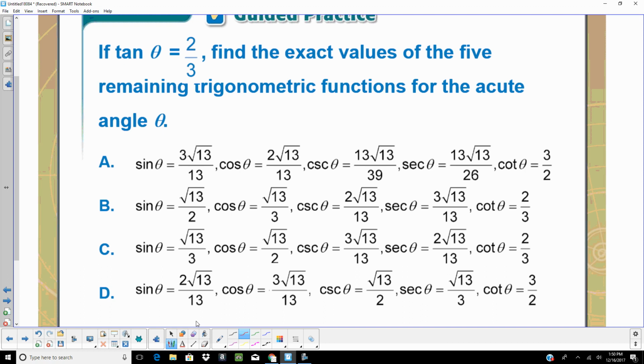Start by drawing a triangle. You should be able to figure out what your hypotenuse is.